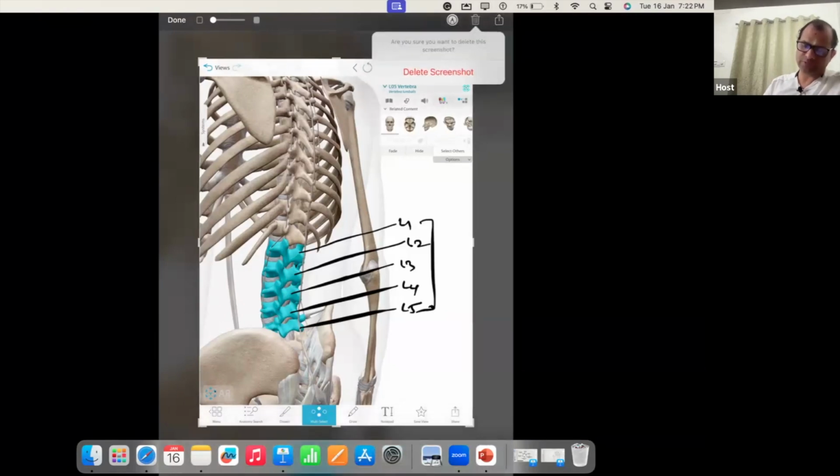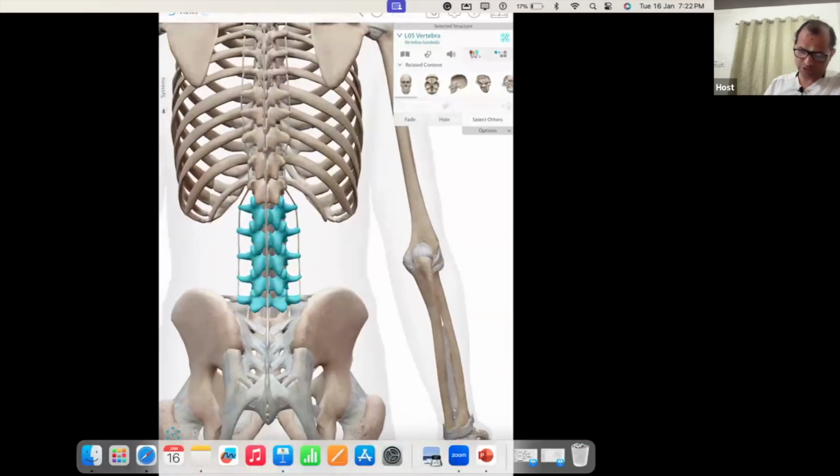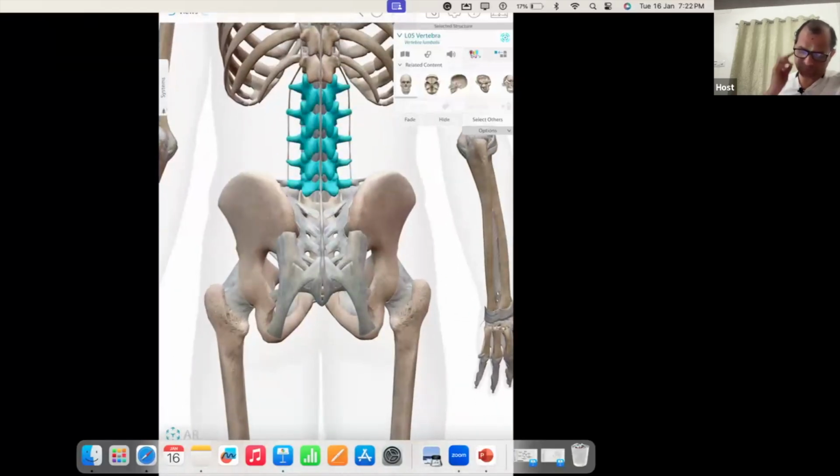So after the lumbar vertebra, if we are going down, अब हम नीचे की ओर आए. We can see this is the sacrum.